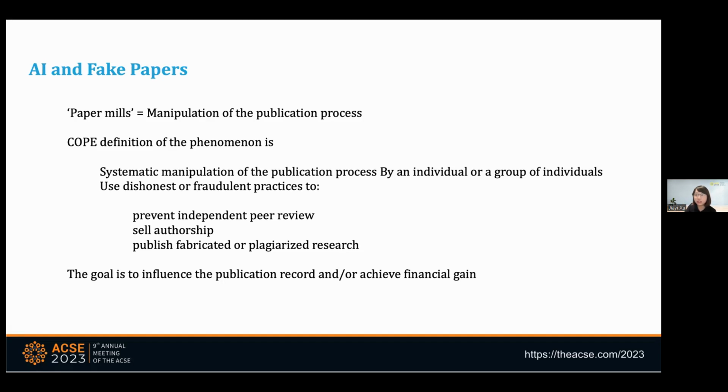COPE defines this phenomenon as paper mills. It's the systematic manipulation of the publication process by an individual or group of individuals using dishonest practice to prevent independent peer review, share authorship, fabricate or plagiarize research. The goal is to influence the publication record and achieve financial gain.